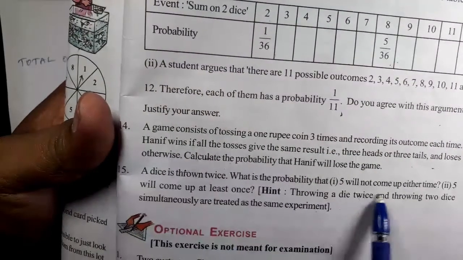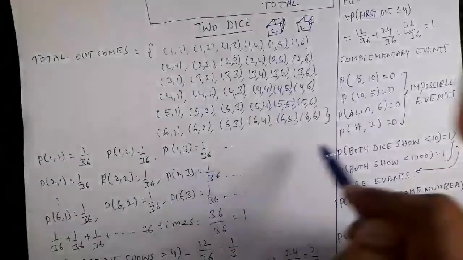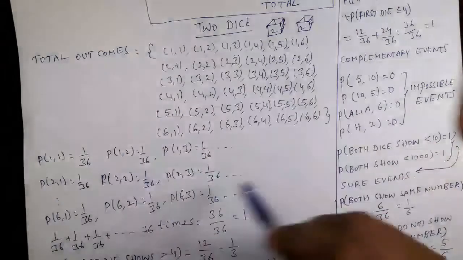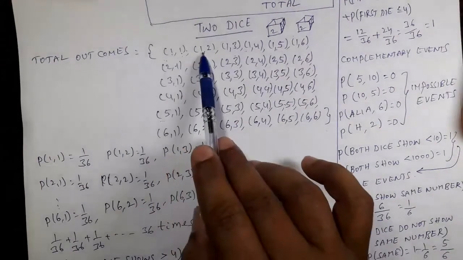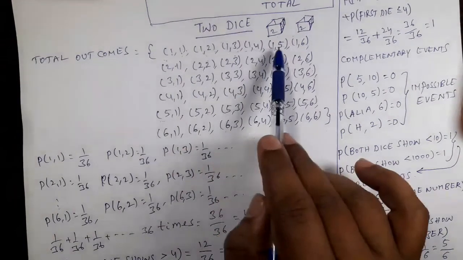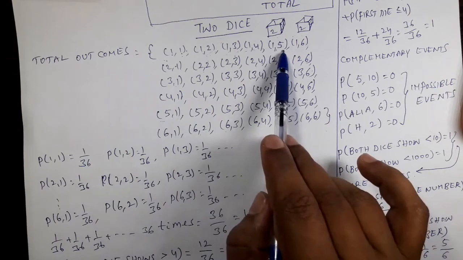The first part is the probability that 5 will not come up either time. Of these 36 cases, 5 should not be there, that is the point. Here no 5 is there, no 5, no 5; here one 5 is there, and here the second throw is 5.